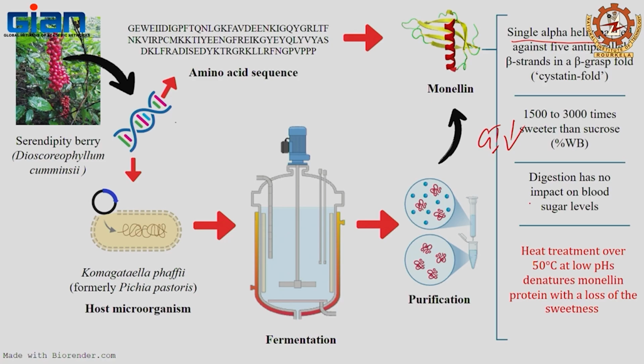Digestion has no impact on the blood sugar level, but the only concern with monellin is that heat treatment over 50 degrees Celsius at low pH denatures the monellin protein with the loss of sweetness.